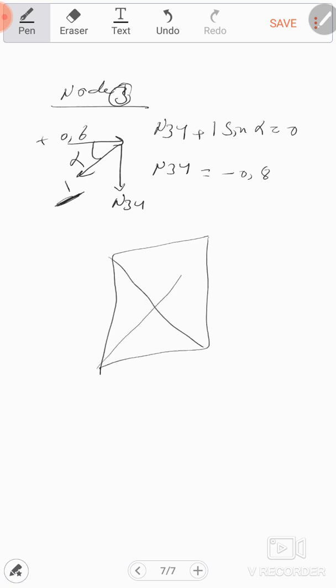Okay, and because we have 1 degree of indeterminacy, we should release or remove one member. Okay, for me I remove this part.